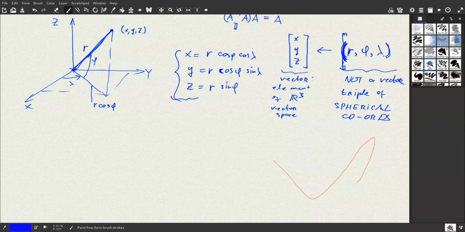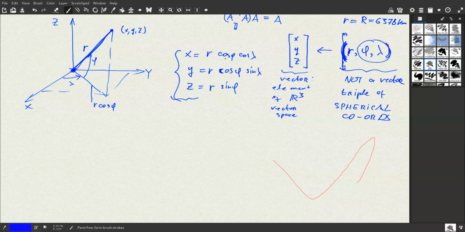But in the spherical coordinates, in that case, the radius vector is equal to the radius of the Earth, if you remember, if we assume it to be ideally spherical, and only two coordinates, phi and lambda, are changing in this case. So we're really changing our geographic coordinates on the surface, keeping the distance to the center of the Earth constant. Therefore, r, phi, lambda as spherical coordinates are more convenient in that case.